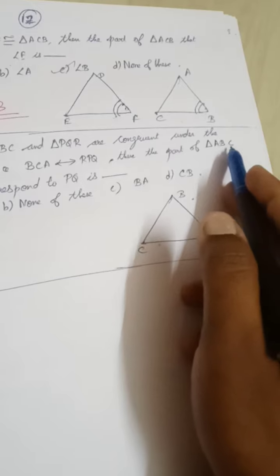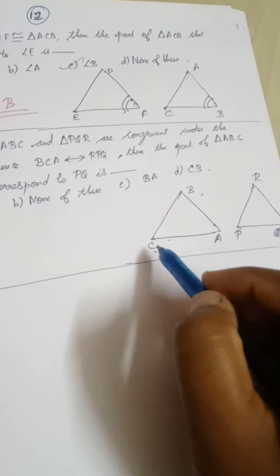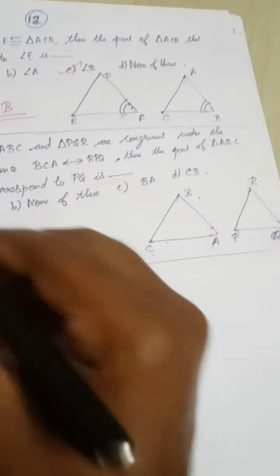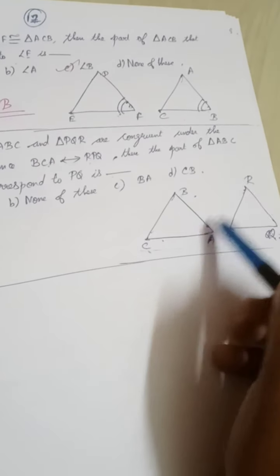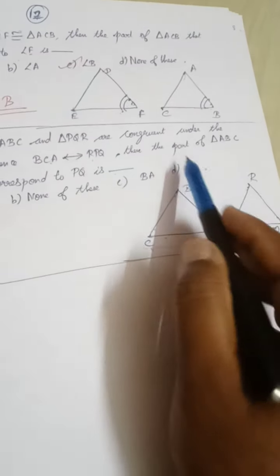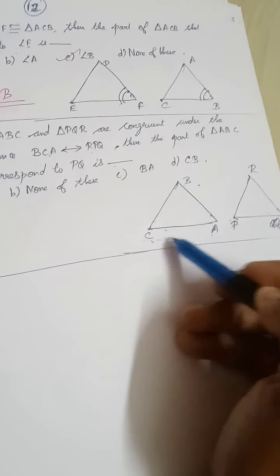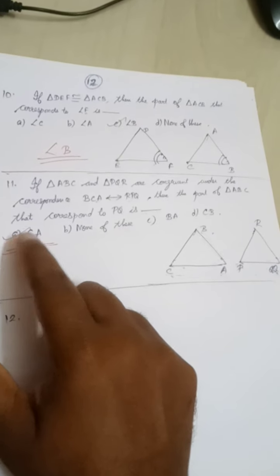The part corresponding to PQ is what? PQ corresponds to CA. They are asking that BCA is congruent to RPQ, then the part of triangle ABC that corresponds to PQ is what? AC. The part of the triangle corresponding to PQ is AC.